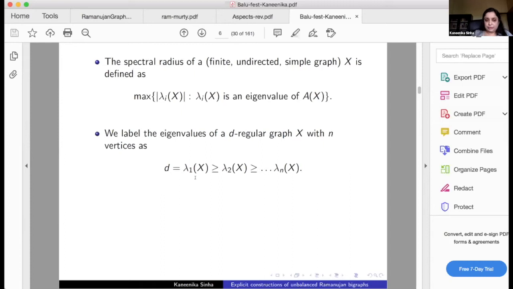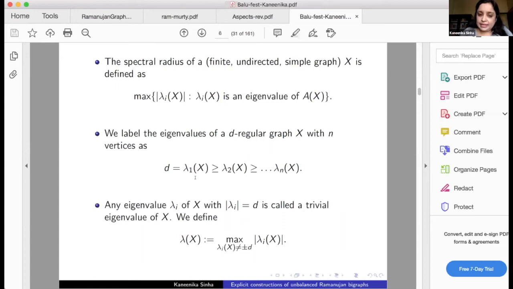So we refer to d as lambda 1 of X and the next one as lambda 2 of X. And now lambda 2 of X can also be equal to d. In fact, one can talk about the multiplicity of the eigenvalue d, and that is equivalent to visualizing how many connected components your graph has.